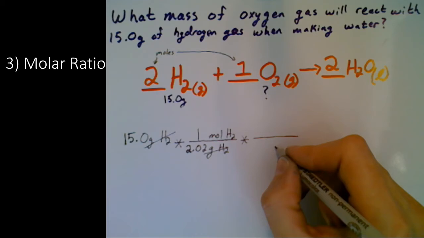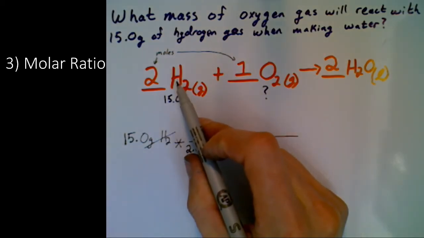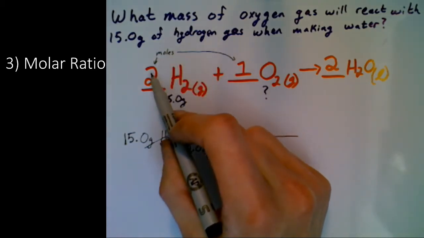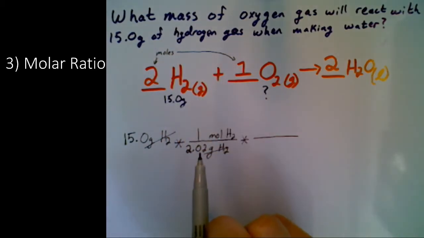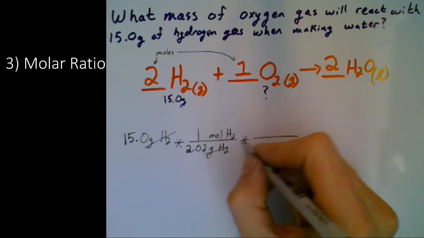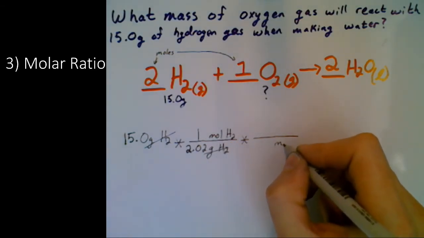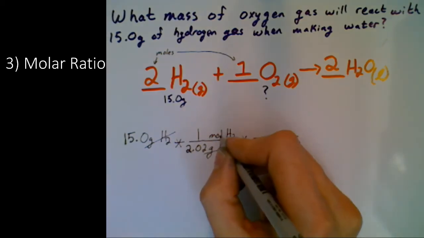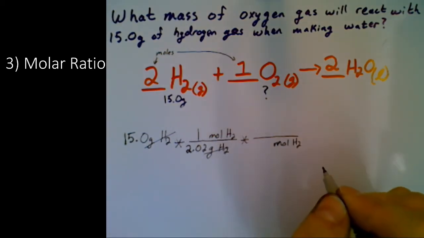The ratio is going to be the moles of hydrogen to the moles of oxygen. And you notice the coefficients are the moles. We want to get rid of hydrogen, so that means moles of hydrogen is going to go on the bottom to cancel out with moles of hydrogen on the top over here.